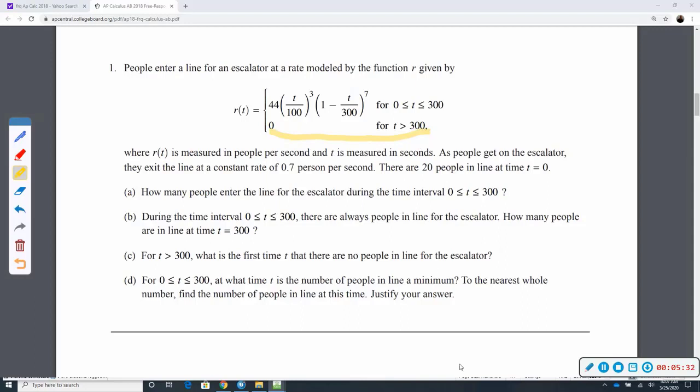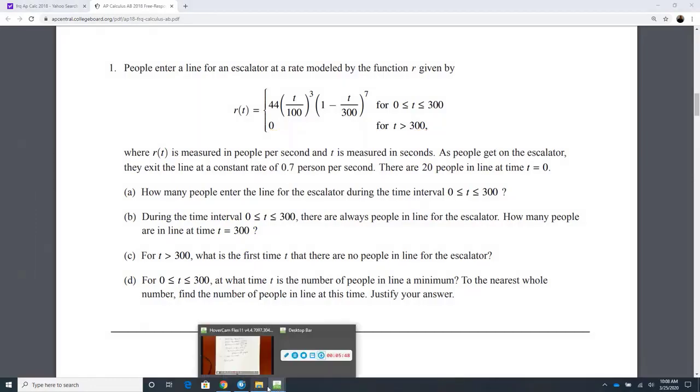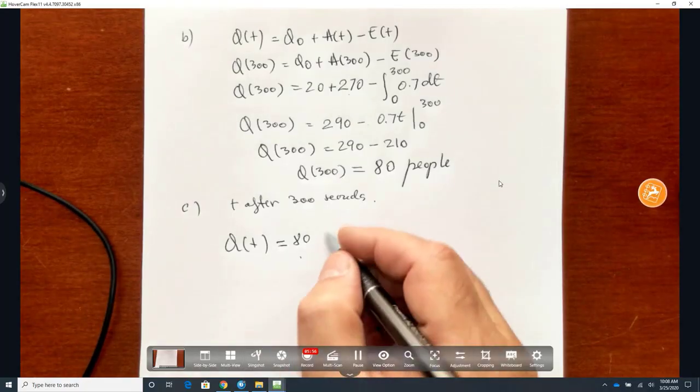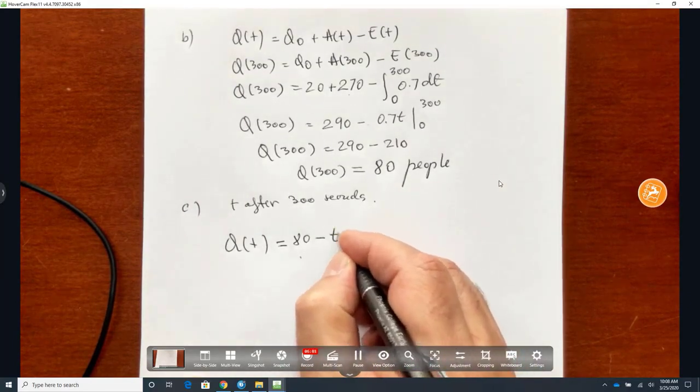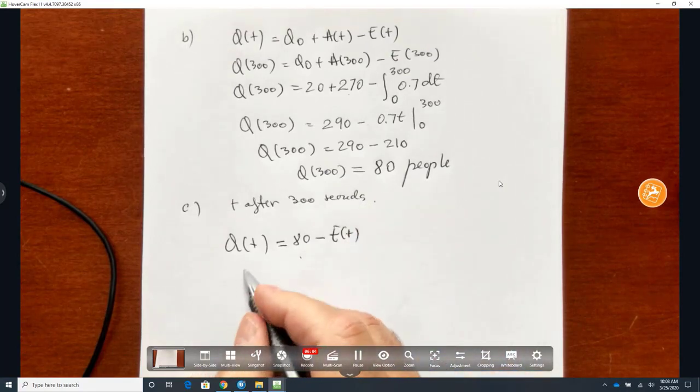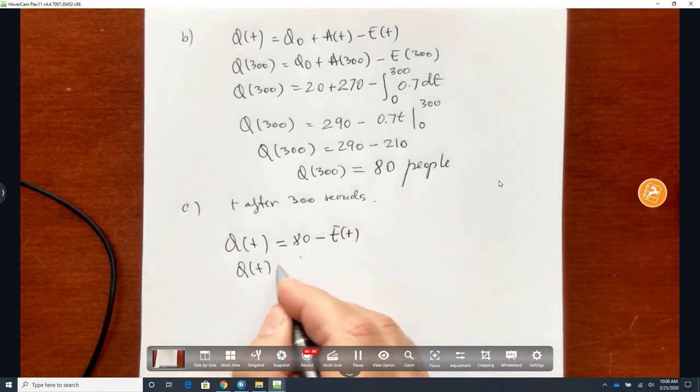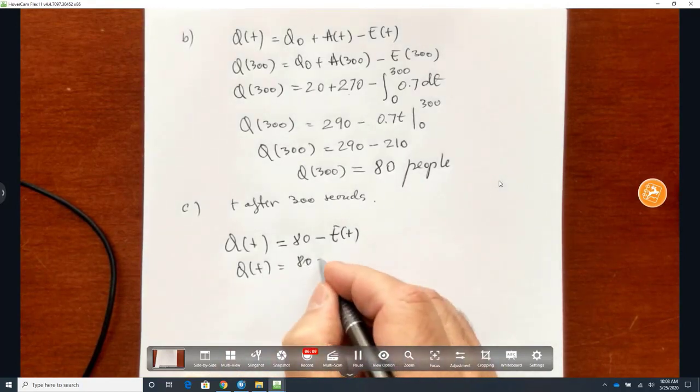So going back to the notes, since I have no A of t, I just have to take people out. So E of t. Let me write it again, this time replacing E of t with what it actually is.